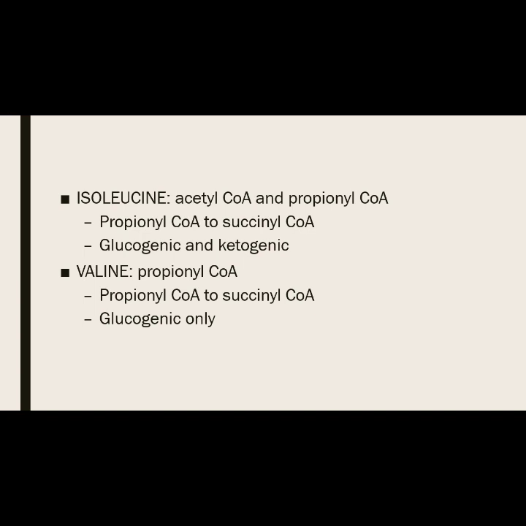Your isoleucine is converted to produce your acetyl coenzyme A and propionyl CoA. And this propionyl CoA is converted to produce your succinyl coenzyme A. Okay, and then you have your valine. Your valine is converted to your propionyl coenzyme A, and your propionyl coenzyme A is converted to your succinyl coenzyme A. And your valine is glucogenic only.